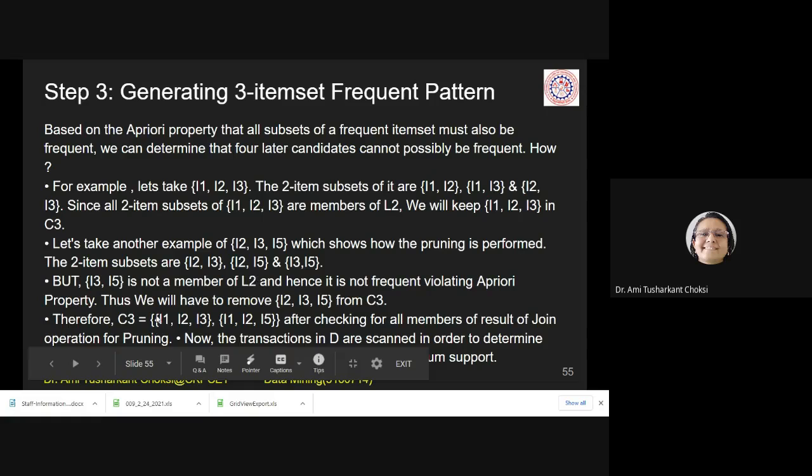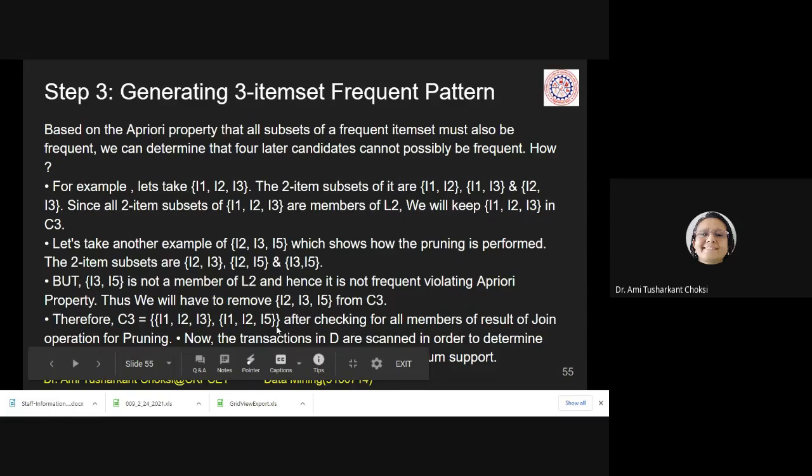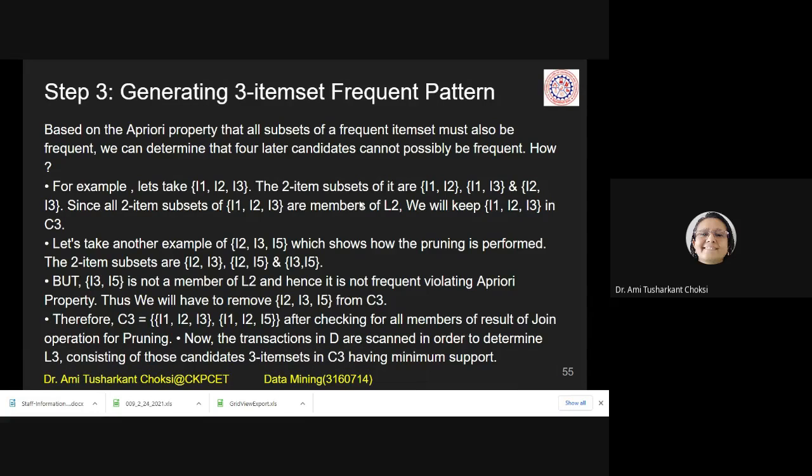So after checking this a priori property for all the item sets, we have C3 as I1, I2, I3 and I1, I2, I5. Right? Now let us consider L4. For that, we should combine the C3 item sets, I1, I2, I3 and I5.